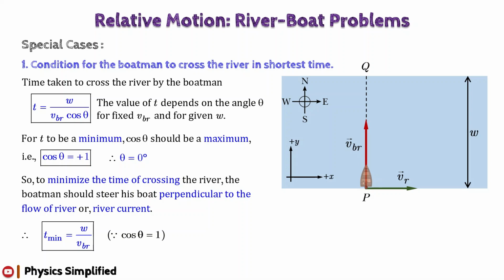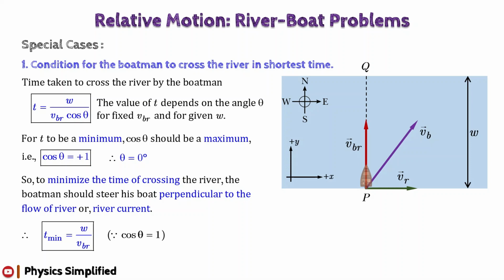Now, if we want to know in which direction the boatman is drifted, we need to find the direction of the absolute velocity of the boatman under this condition. From our previous knowledge, if we add the two velocity vectors, vector v suffix r and vector v suffix br, we get the net velocity, that is, the absolute velocity of the boatman, given by vector v suffix b.